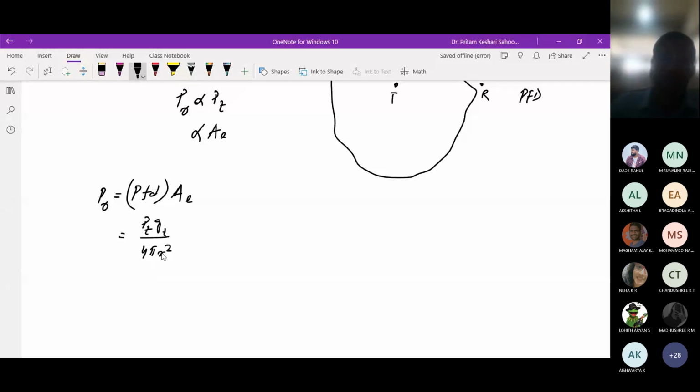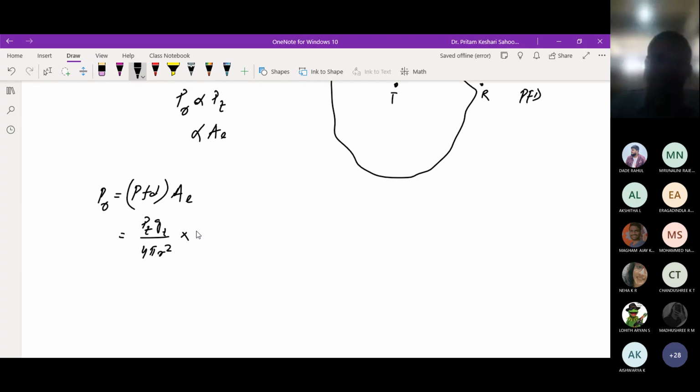4 pi r square is the total area of the sphere, which gives the power flux density, multiplied by AE. And AE, we know, is the effective aperture.